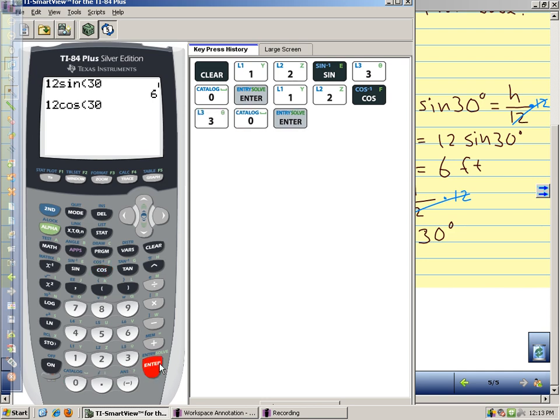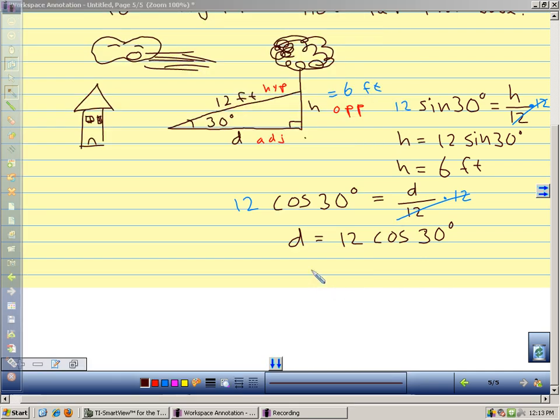And we get 10.39. So d equals 10.39 feet. So I'd have to go out 10.39 feet from the base and 6 feet up to make a 30-degree angle with this 12-foot guy wire.